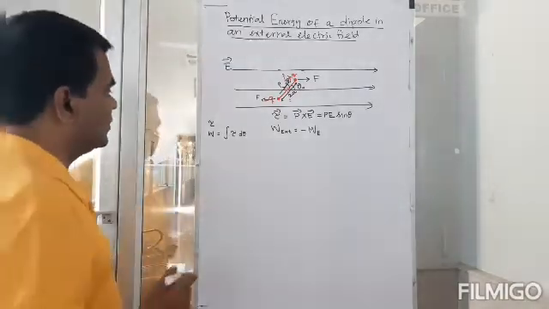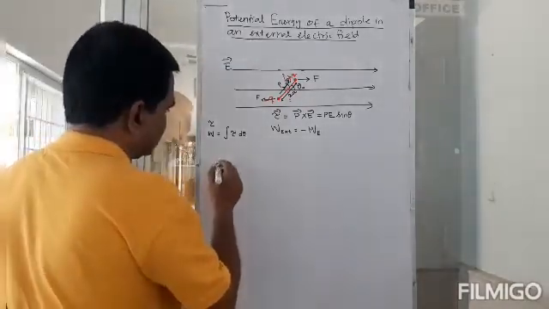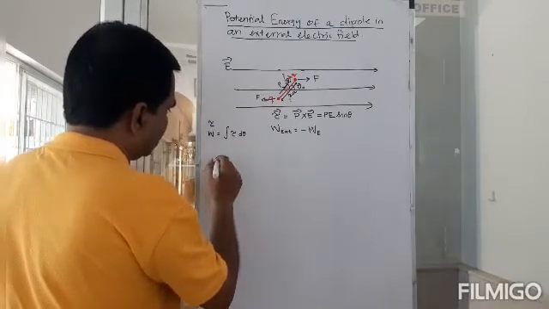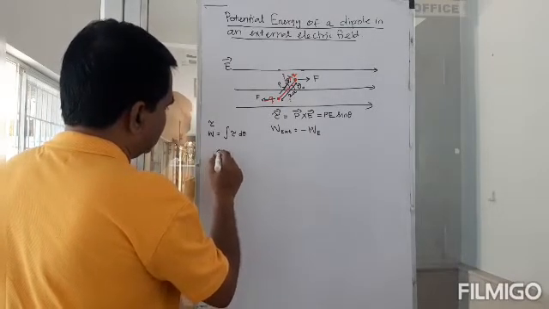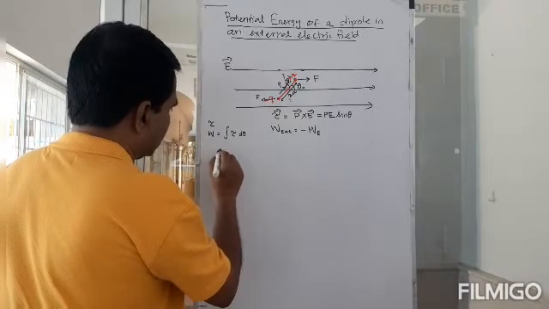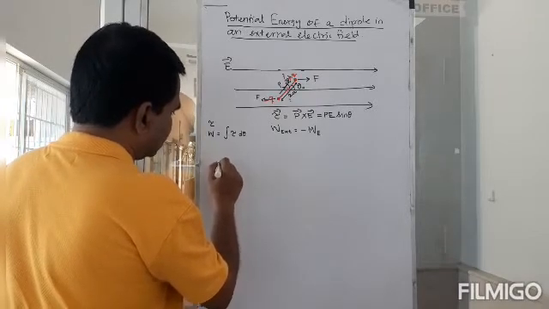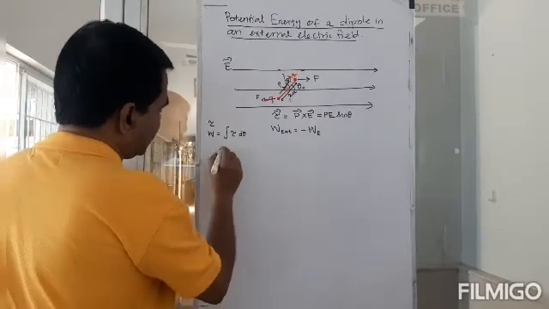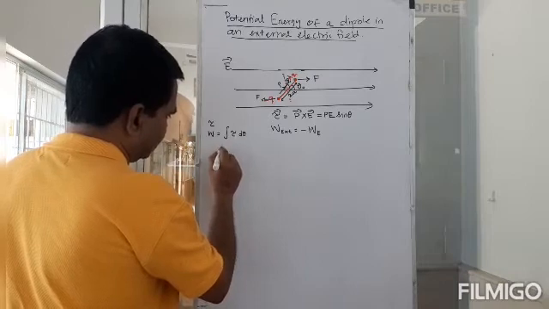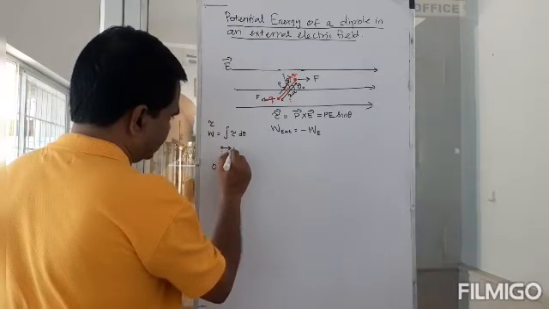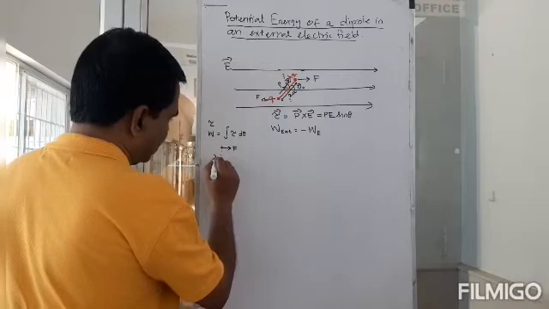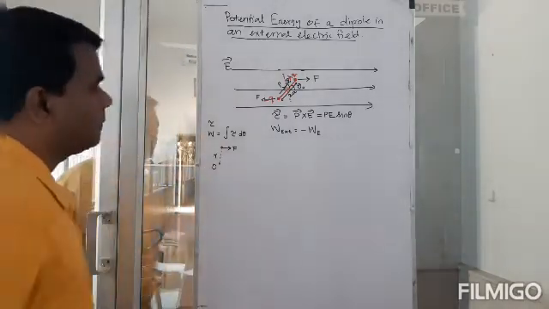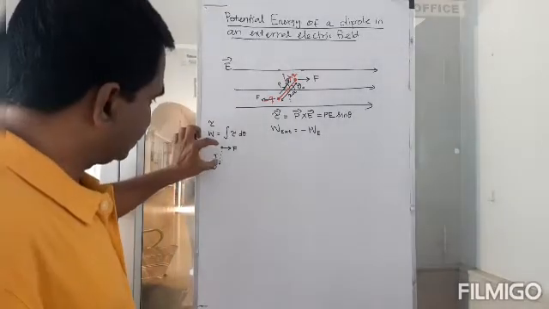Okay. Let us suppose that there is a body here, and this is the origin. It is going to experience a force in this direction. Okay. So r is the radius from the origin.